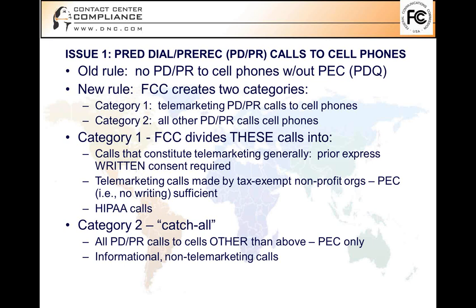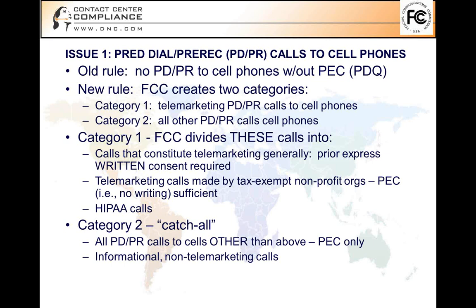But the question is, if you're doing preview dialing, if the number is coming up on a screen and somebody has to press a keyboard button in order for that phone call to be made, does that phone call fit within the predictive dialer environment? And reasonable minds can differ on that question.